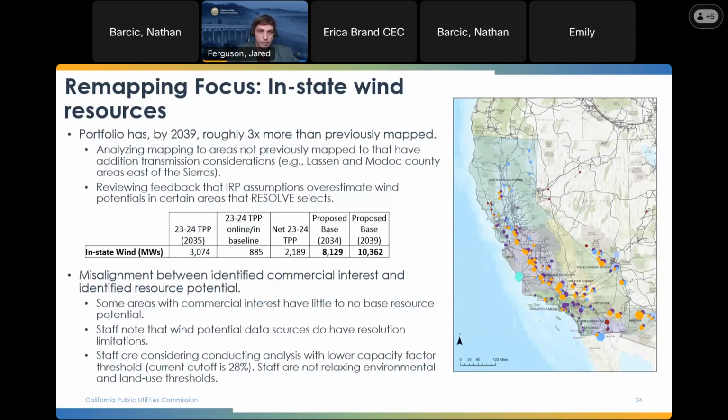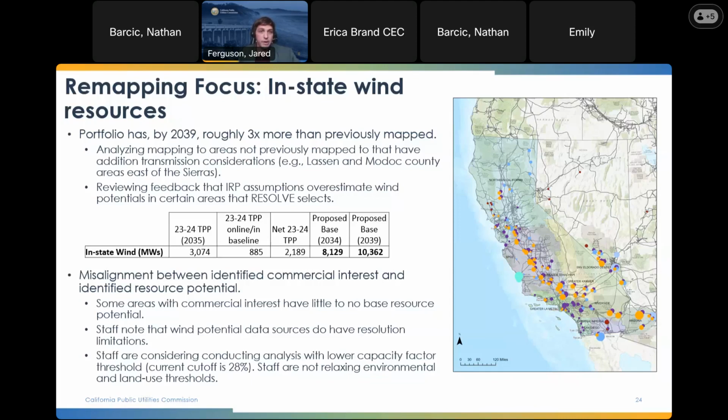This portfolio has roughly 3 times the amount of in-state wind that we've previously mapped. That has led to us looking at places in the state that we haven't mapped before. Specifically, we're looking at the east side of the Sierras as a potential location to site some of those resources, but there are significant transmission and environmental criteria implications as well.